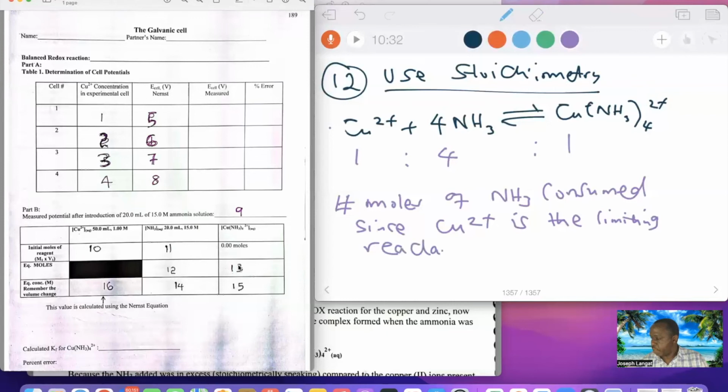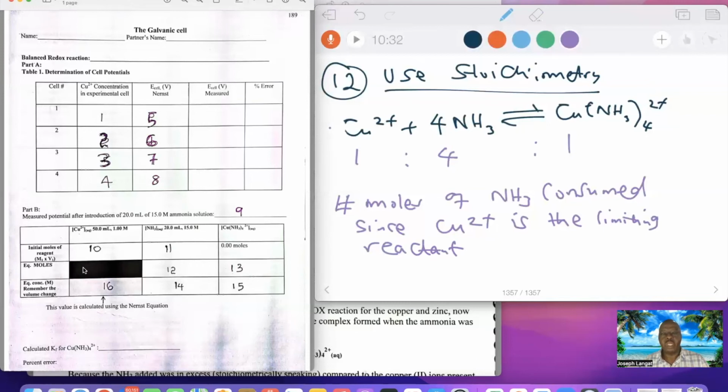How do I know it is the limiting reactant? If you look at these black bolded parts on part P, it means nothing is left over. In quotes, we assume that everything has been consumed. The number of moles of copper is consumed. It's the limiting reagent.